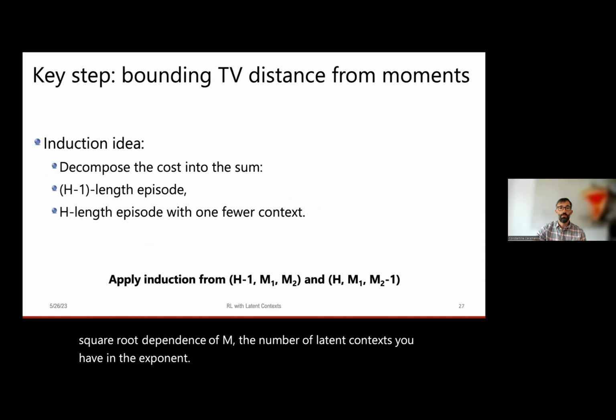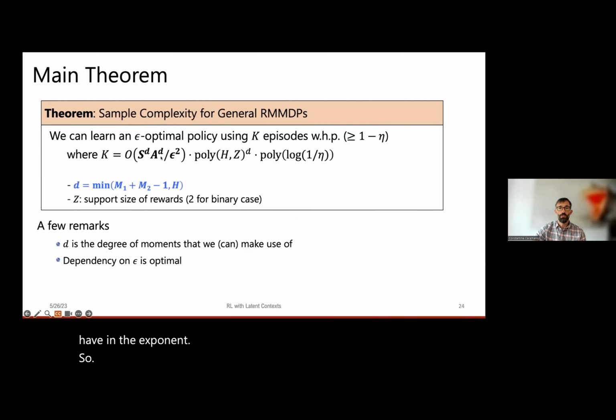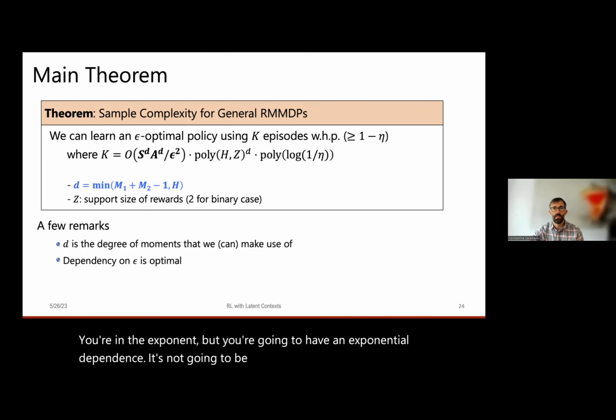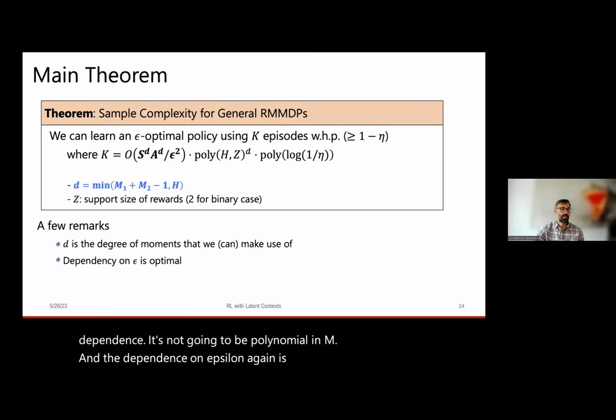So this result is telling us that it's possible that there could be some improvement here in the exponent, but you're going to have an exponential dependence. It's not going to be polynomial in M, and the dependence on epsilon again is as we would hope for. You can't improve that.